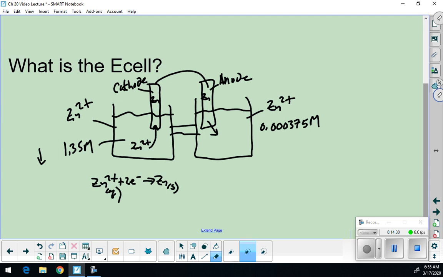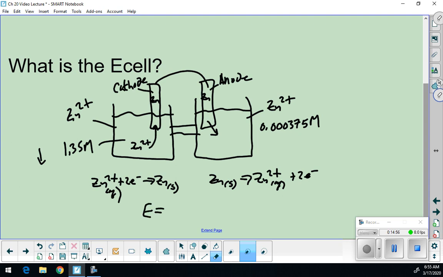And over here then I have my zinc solid going to zinc 2 plus aqueous plus 2 electrons. Cool. So that's what I have going on. That's my picture, my anode, my cathode. And so now, what do we know?